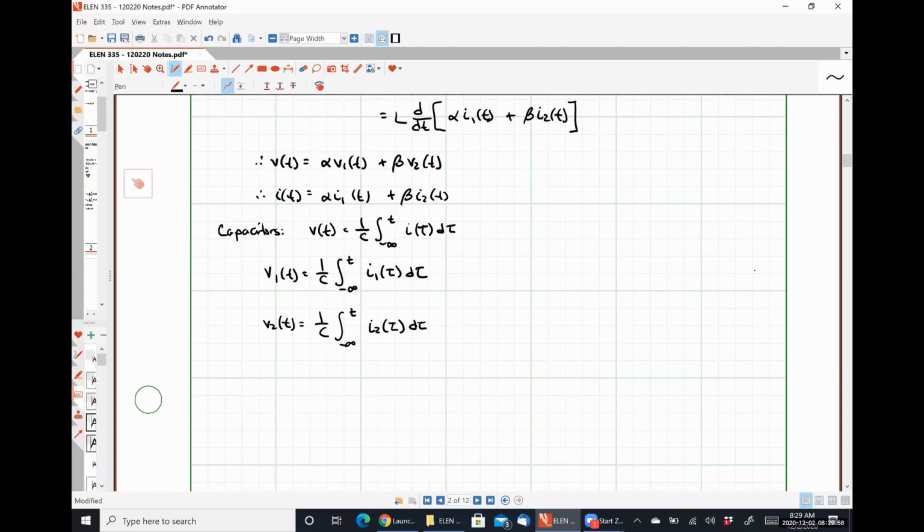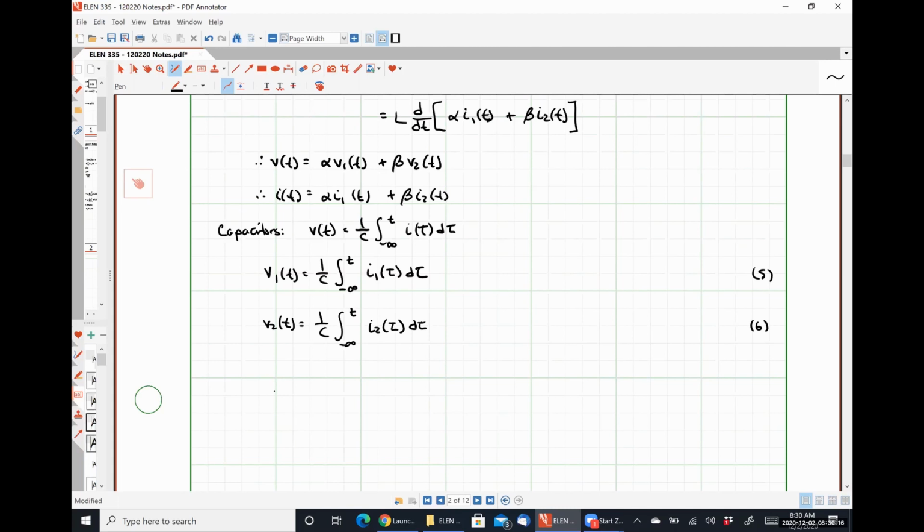Call this equation 5, call this equation 6. Again, I'm going to do the exact same thing: scale equation 5 by alpha, scale equation 6 by beta, add them together, and see if it looks like my original equation.